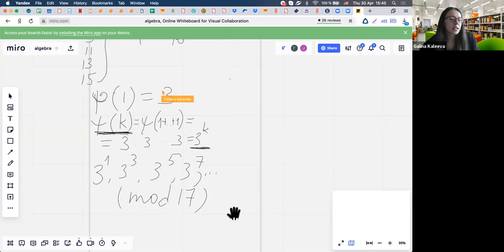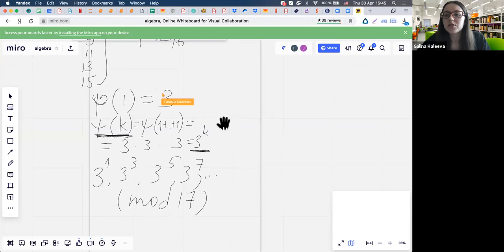Okay, let me repeat. The short answer to your question is the following. We consider two isomorphic groups, and the properties of corresponding elements in isomorphic groups are the same. The long answer is the following.